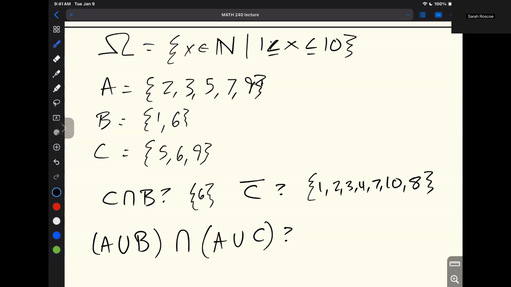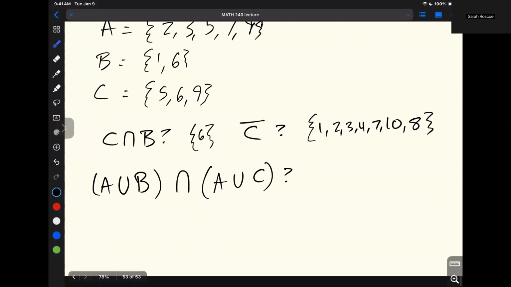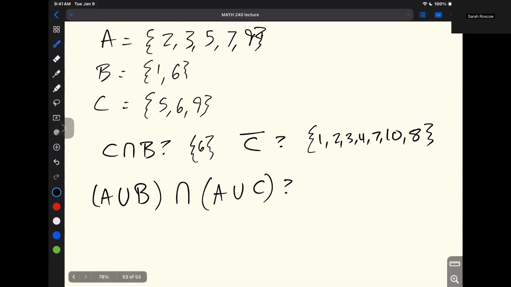And then what's this complicated thing? How to approach it: this is long and complicated, but there are parentheses. So let's work left to right and look inside the parentheses. What's A union B? One, two, three.